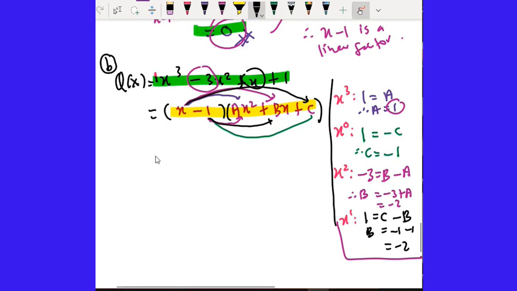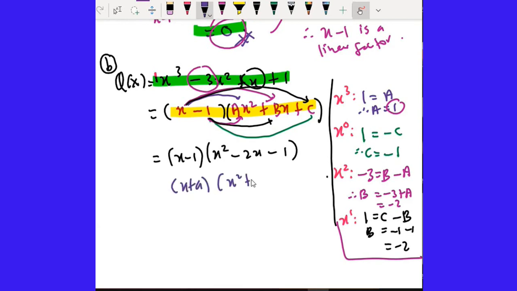Okay, proceed. x minus 1, A is 1, B is negative 2, x minus 1. The pattern is x plus A, x squared plus Bx plus C. Settle.